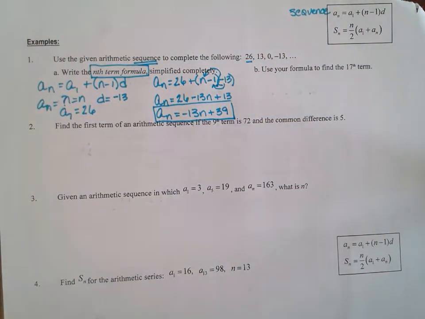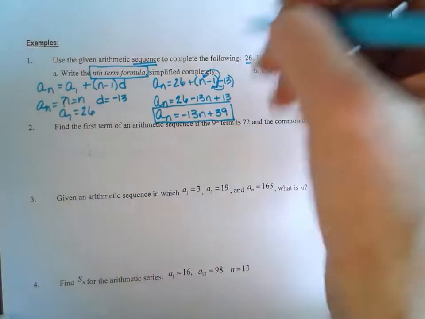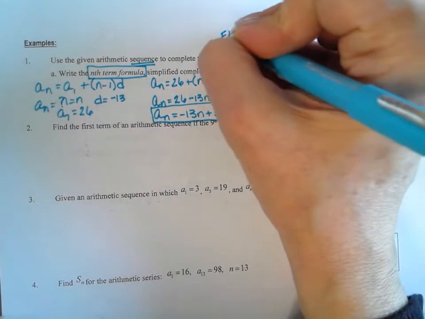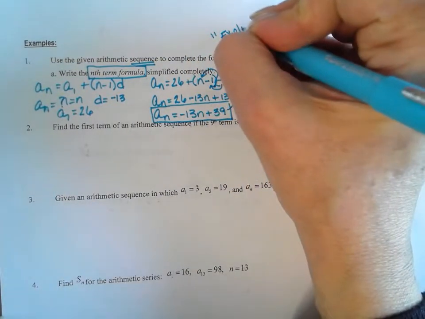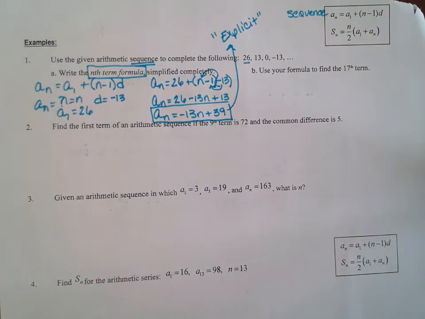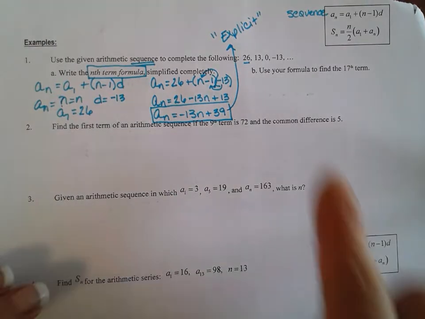That means I can use it to find any term in that sequence. When you have it simplified like that, it's sometimes called an explicit formula. Just FYI. All right, so now I have a formula.